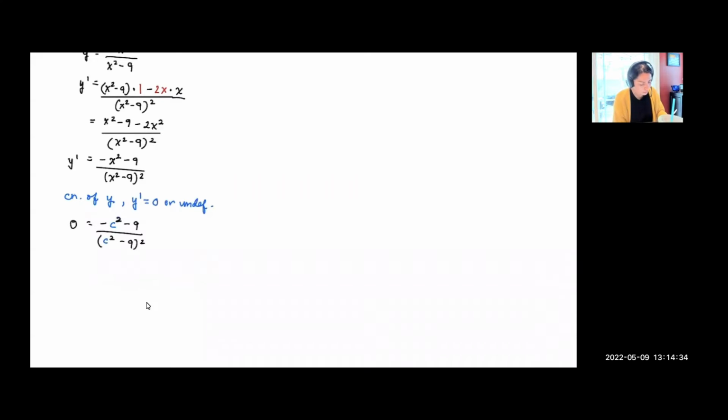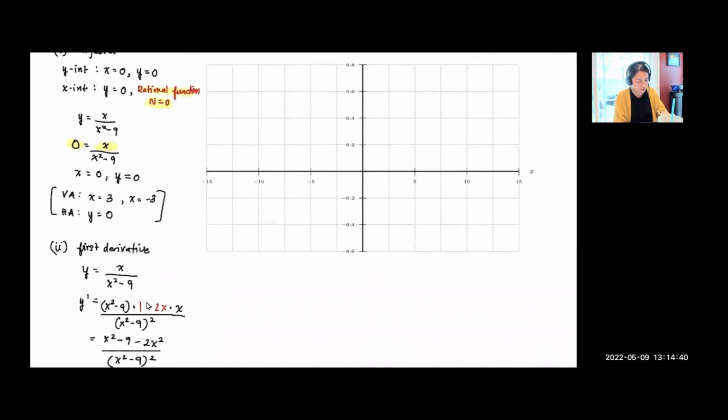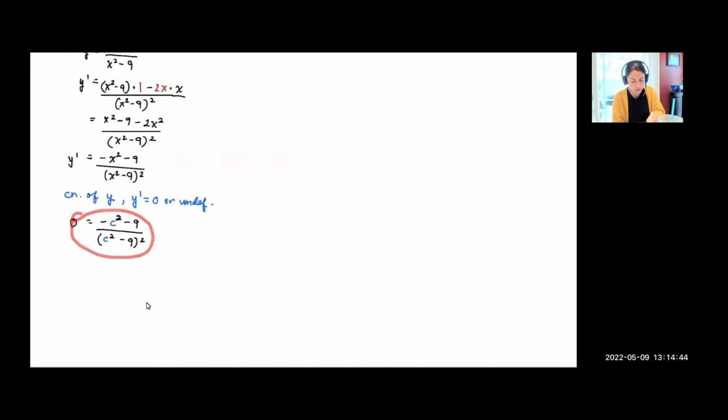Okay, once again, where a rational function is 0, I wrote it up here, is where the numerator is 0. So all we're going to do is set this equal to 0. So now we have 0 equals negative c squared minus 9. And I'll just move the c squared over like that.